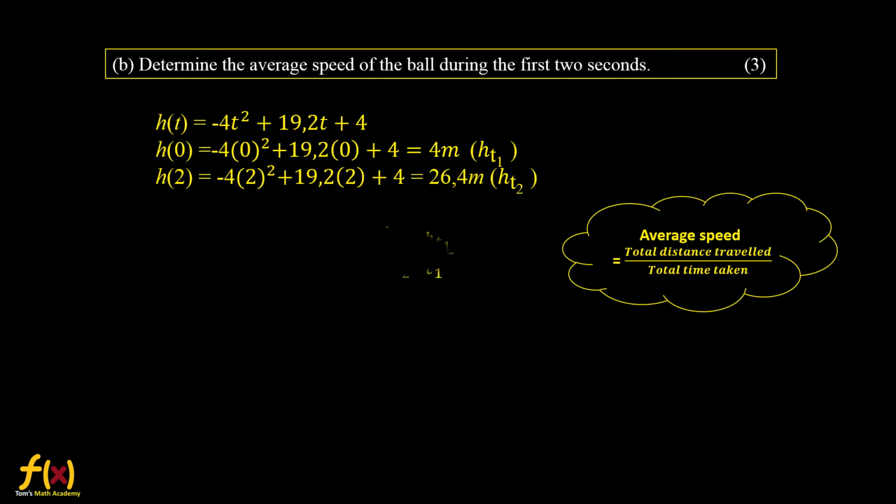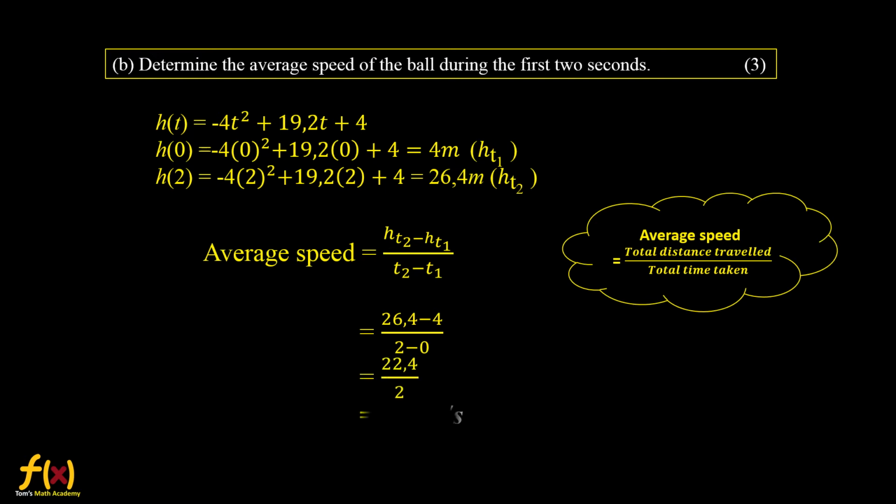So the total distance we can calculate, that is 26,4 minus 4, divided by total time, that is t2 minus t1, 2 minus 0. When we use the calculator, we get the answer 11,2 meters per second. That is the average speed.